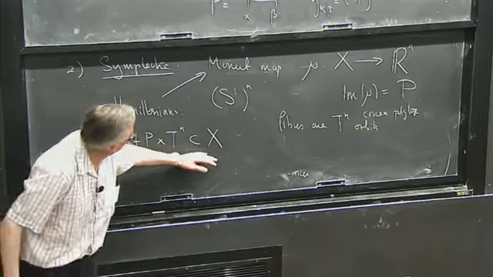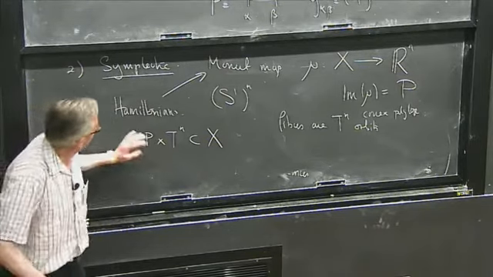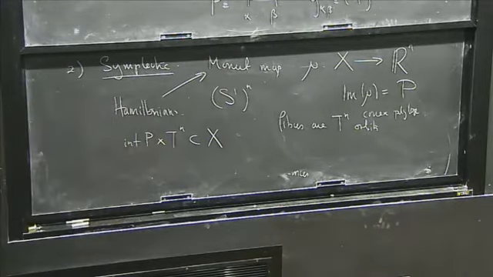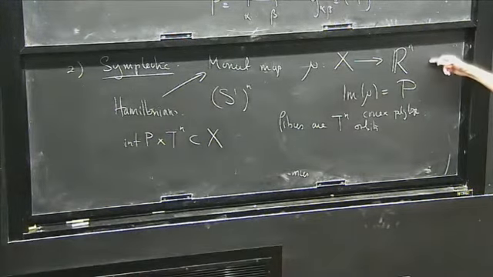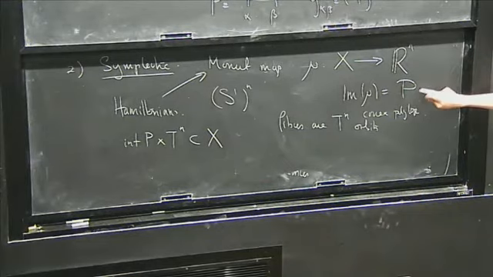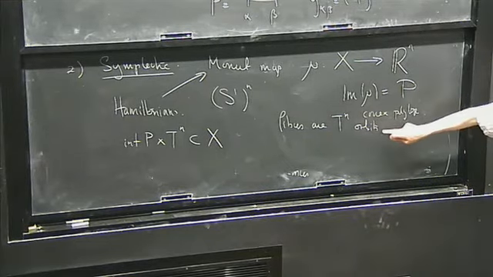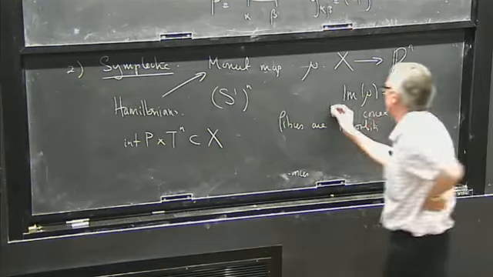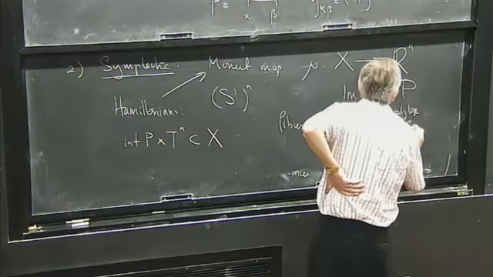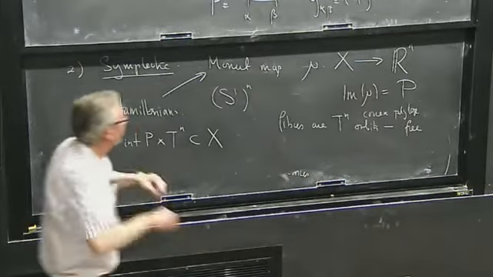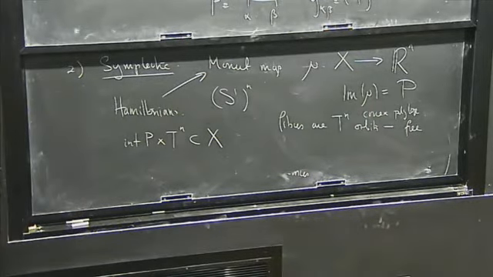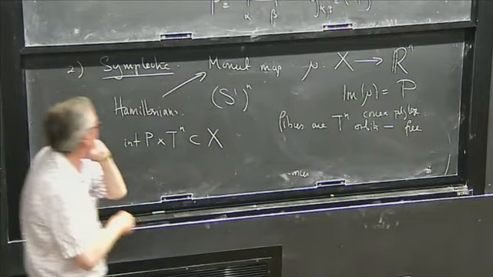The picture over this interior is straightforward. The manifold is just a product, and we have this action. But when we go to the boundary of P, the fibers are T^n orbits, but they're not free orbits.